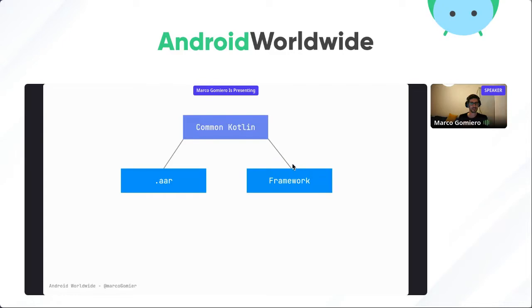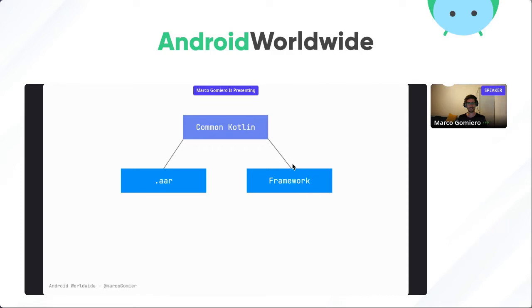And in this case, we are not exposing a Gradle plugin on Android, but we are shipping the binary. So we need to create an Android library. So we will ship an AAR, and for iOS instead, we are still shipping a framework, because that's the only way to go.